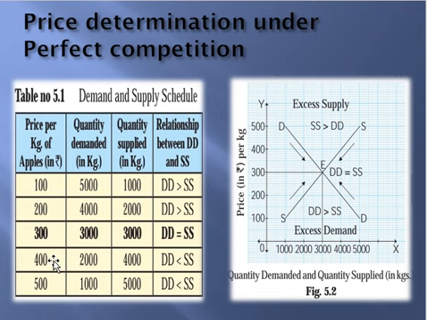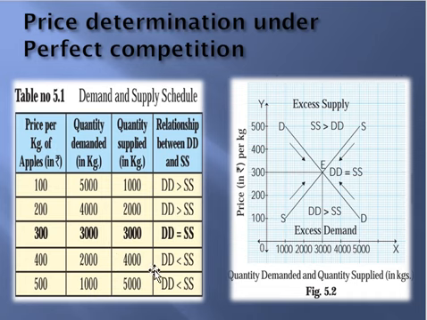When the price again rises to 400 per kg, the demand is reduced further from 3000 kg to 2000 kg, but the supply will increase from 3000 kg to 4000 kg. Here, the demand is lesser than the supply. The relationship can be seen over here.